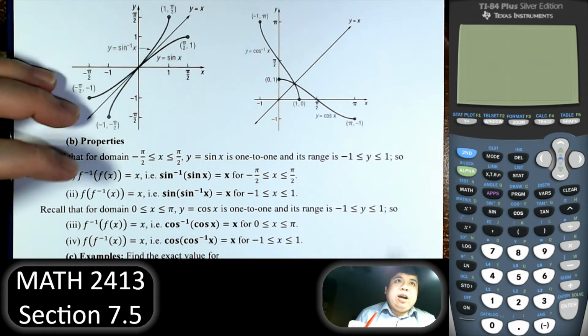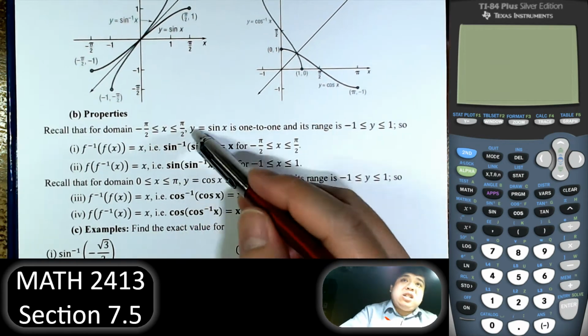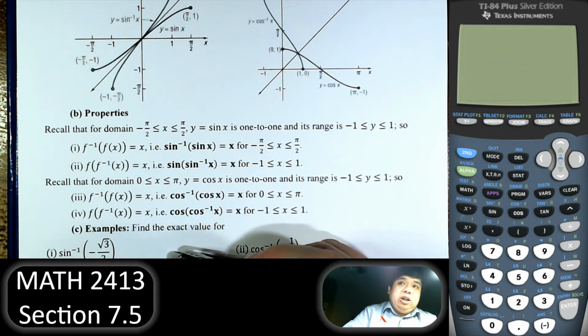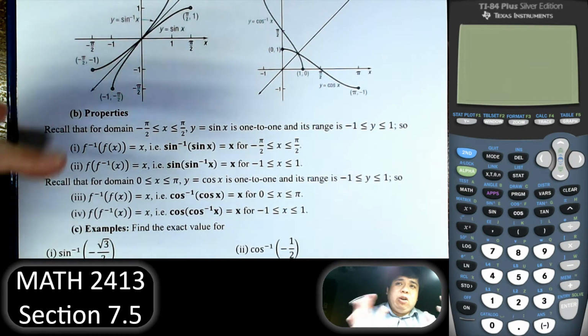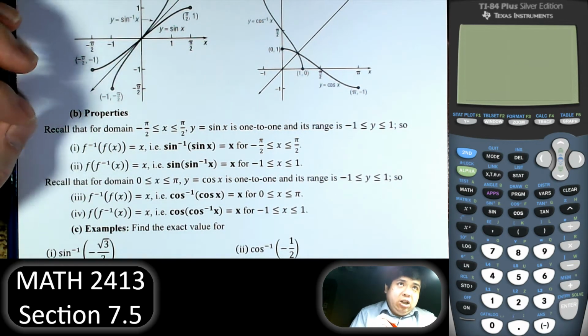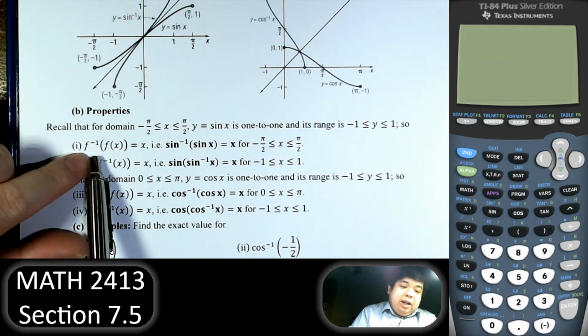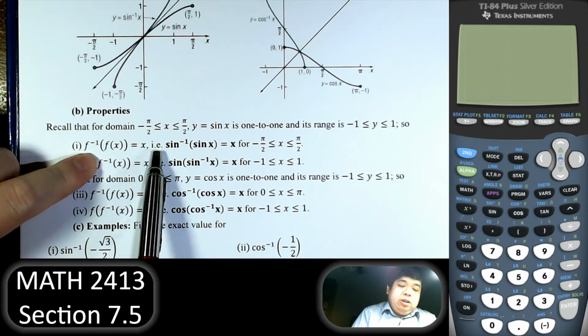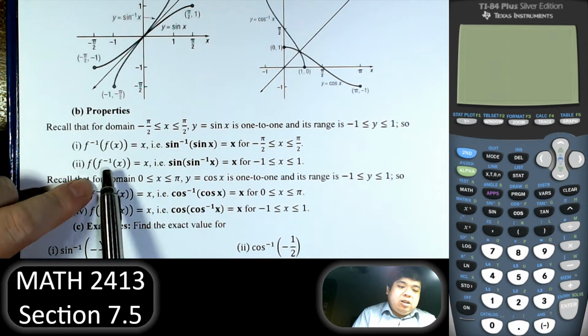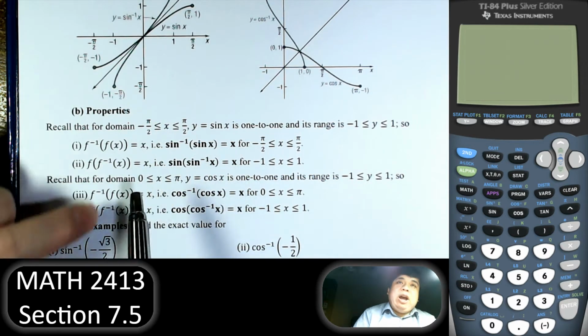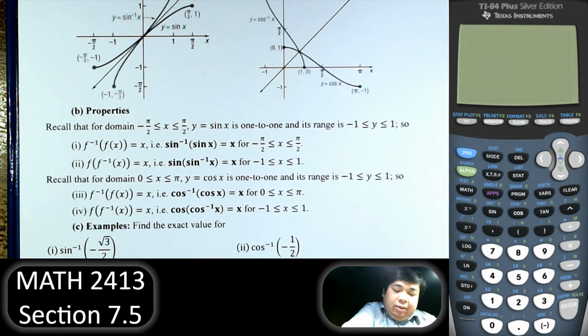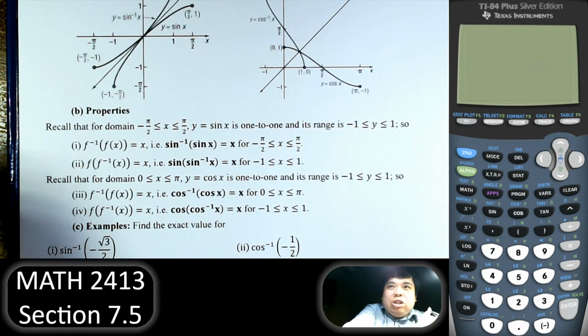Now, the properties. Of course, this will extend to all the other inverse trig functions, with different domain and different range. But in general, the inverse and the function, the composition will give us back x. So that's what we have here. Of course, we have to restrict the domain and range.